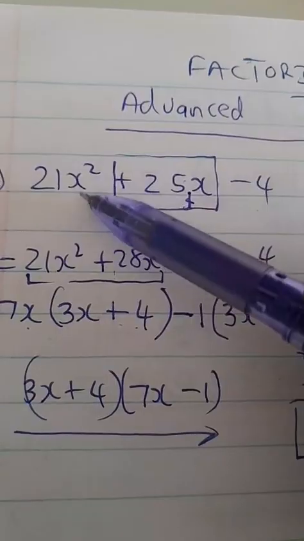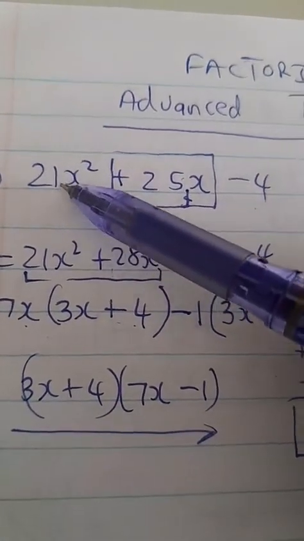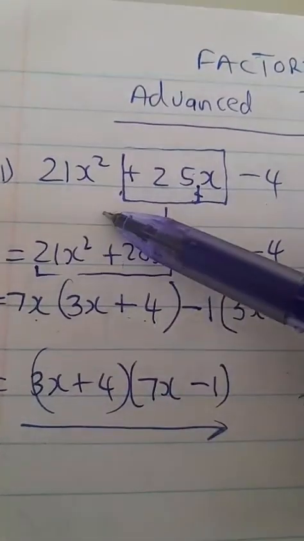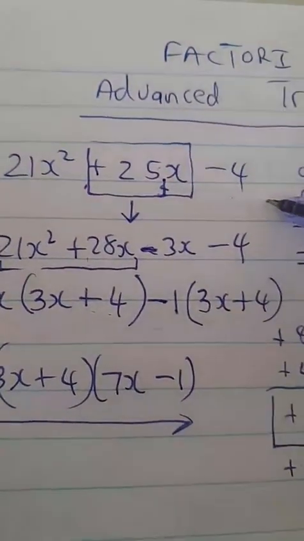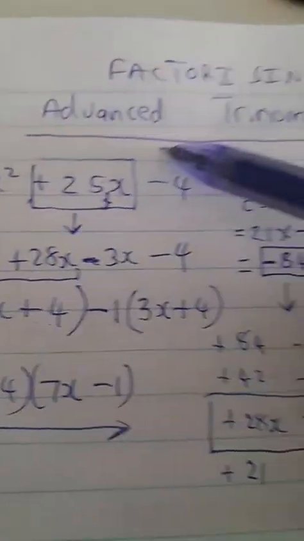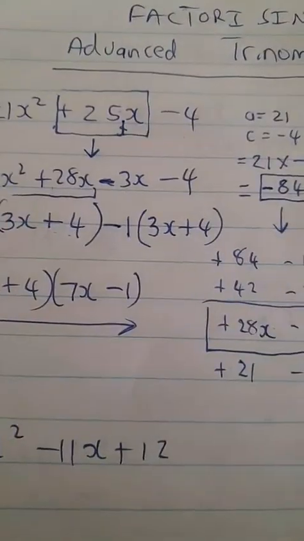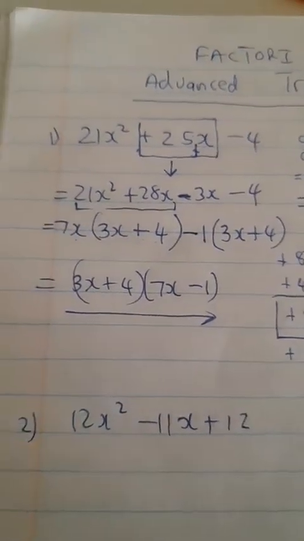When the coefficient of x squared is not 1, and it's apparent that you can't take out a highest common factor and factorize to get a trinomial inside the bracket that has x squared, then that type of trinomial is the advanced trinomial. Therefore, the method I'm suggesting to you is this one.